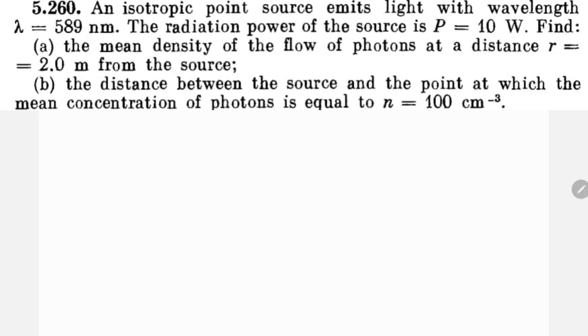So let us start this problem by understanding it like this. Let us consider that this is the point source which the problem is talking about, and over here we are considering the distance at which this is discussed, that is 2 meter.